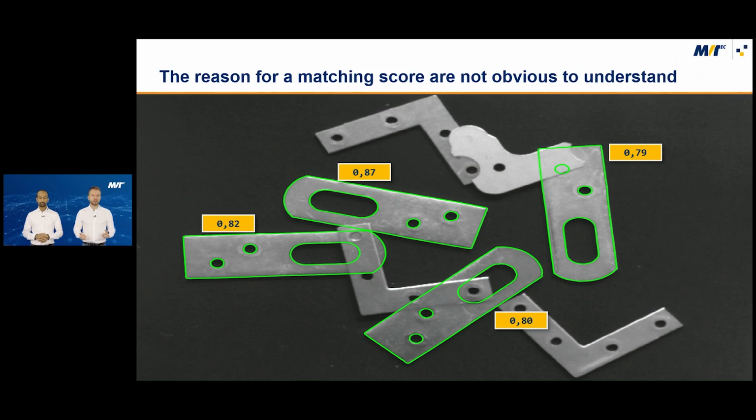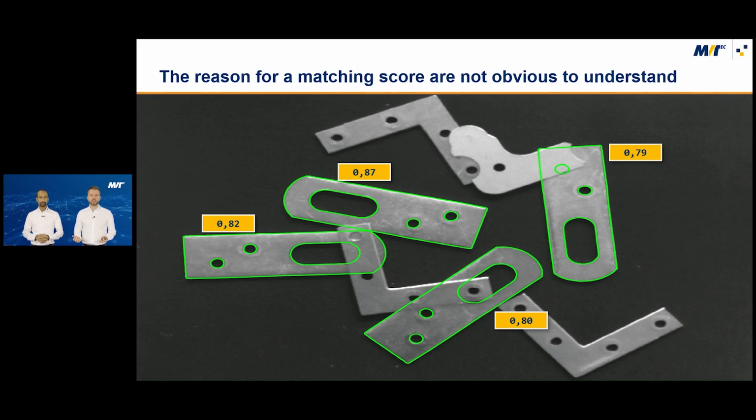You might know this problem: you get a shape-based matching result, as you can see here, and we get back various scores. For example, for one template or one region that we have found, we have a score of 0.82. For another region, we have 0.87. But why? Everything on this image is green.